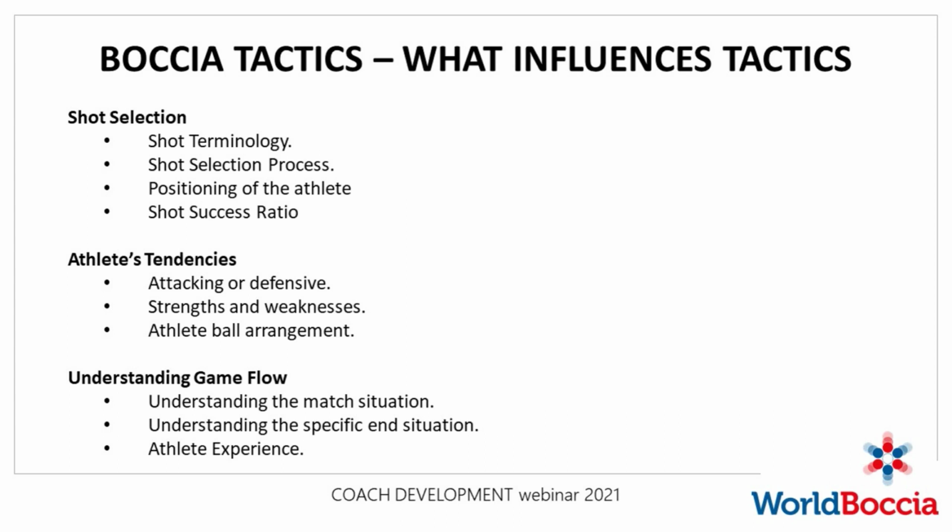And then in the final stage of the webinar, we'll look at understanding game flow. This will talk about the importance of understanding specific match situations, and also specific end situations. The final part we'll touch on is athlete experience and how this can influence tactics.